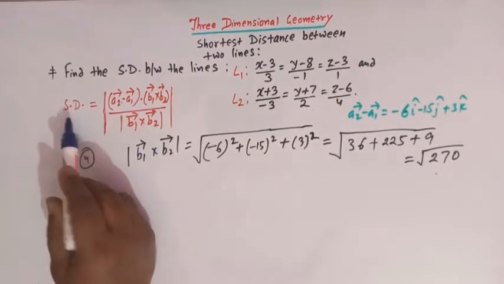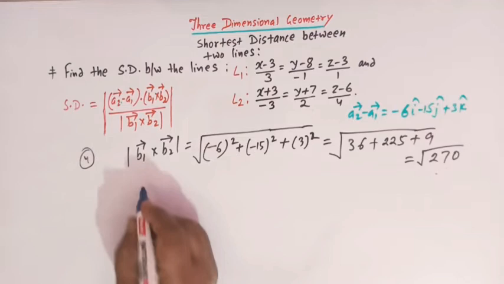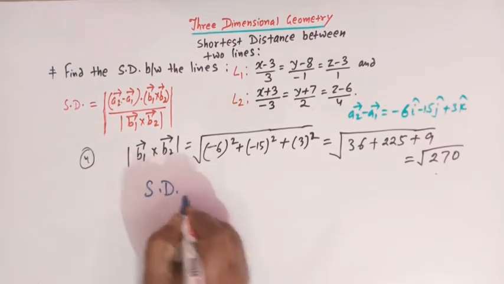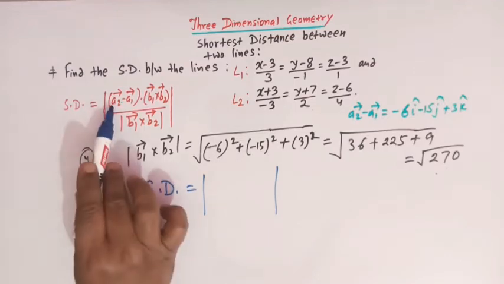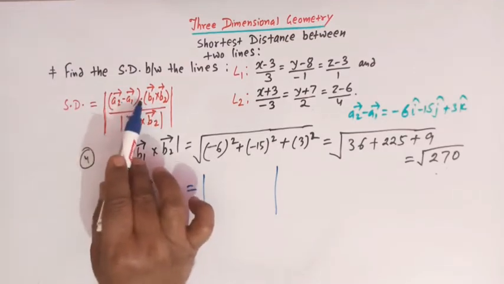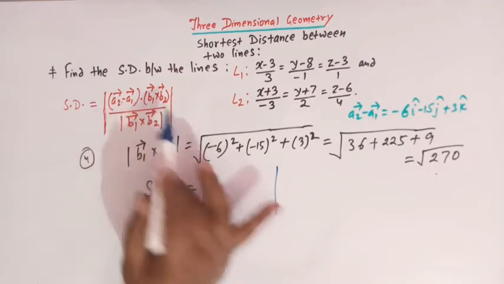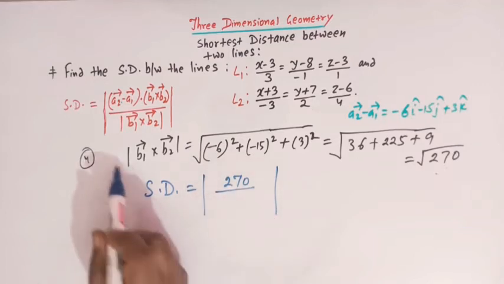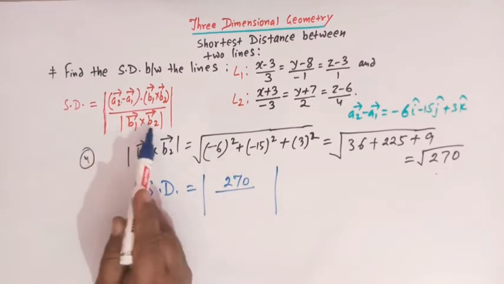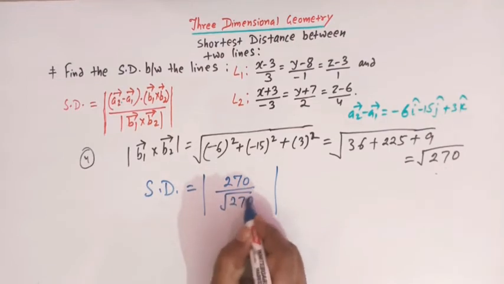So now we can substitute all these values in this formula. The shortest distance is given by the magnitude of this dot product. So a2 minus a1 dot b1 cross b2 is 270, and the magnitude of b1 cross b2 is square root of 270.